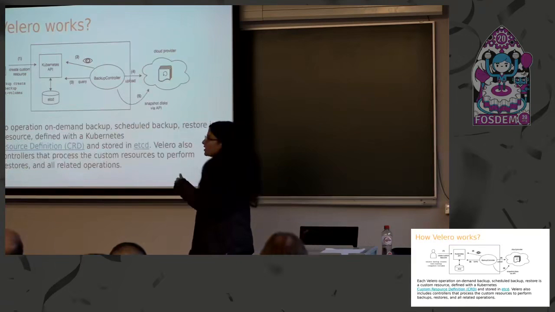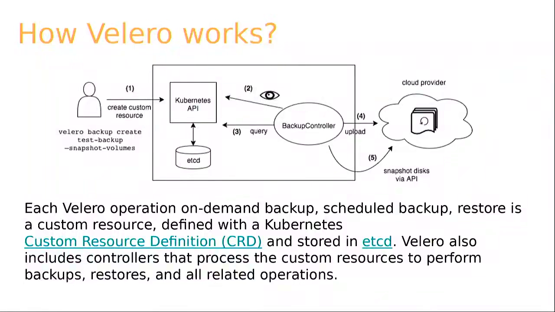If it finds any new backup object created, it will again query the Kubernetes API server for the state of the Kubernetes resources which you requested to be backed up. When the whole backup is complete, it creates a tarball and uploads that tarball to the cloud provider, the same one you mentioned in your backup and snapshot location.